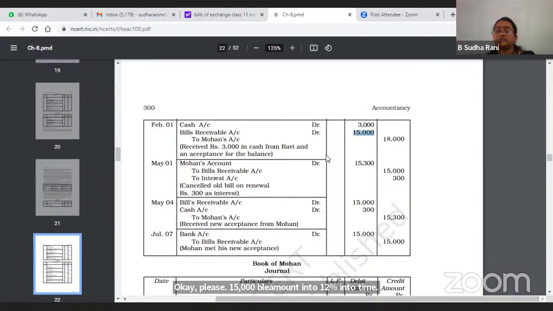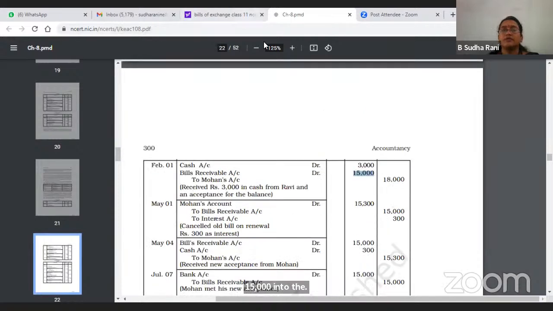Can someone please? 15,000 into 12%. Are you getting it? Anyone? 15,000 into 12% into 3 by 12. How come? Both are 3 months only?